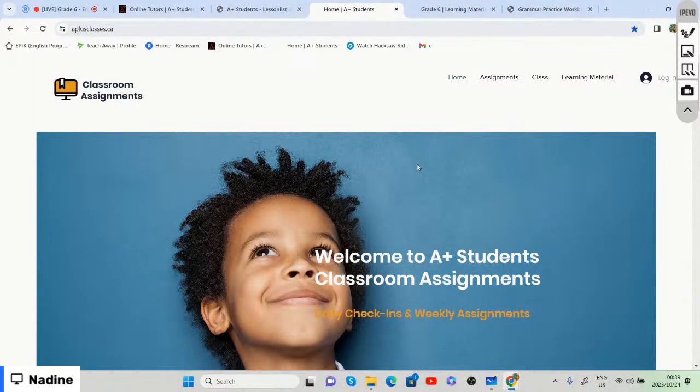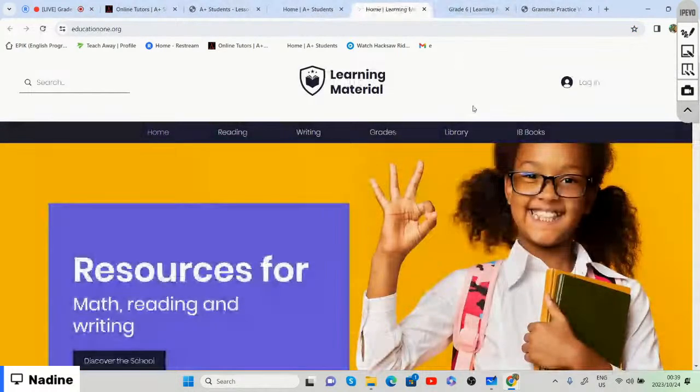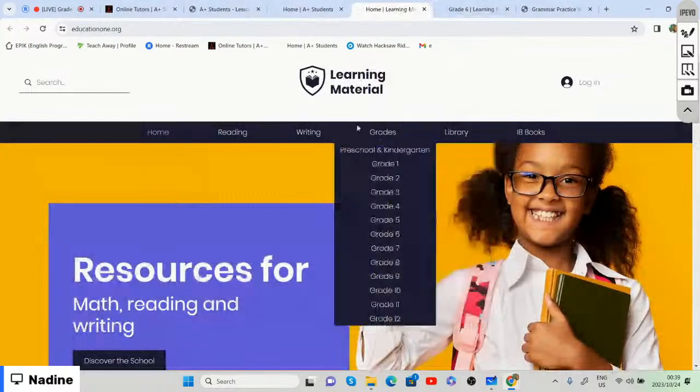All right, so if we go to A Plus Classes.ca, we're going to select learning materials in the top right corner. Once you've selected learning materials, we're going to grades and select grade 6.